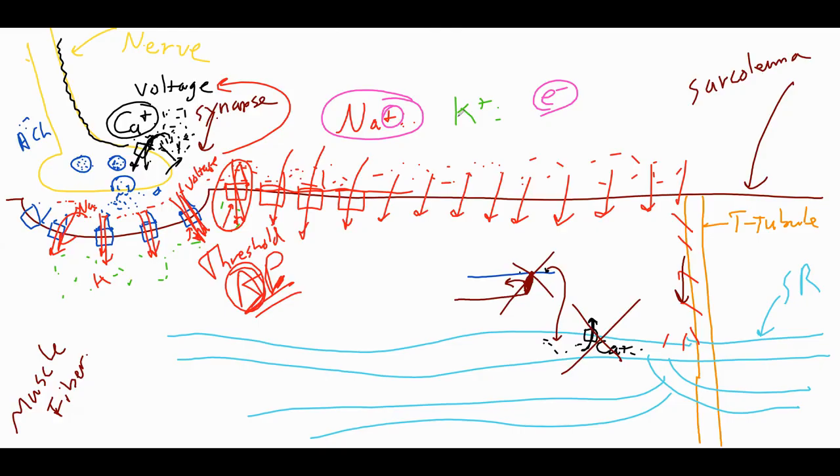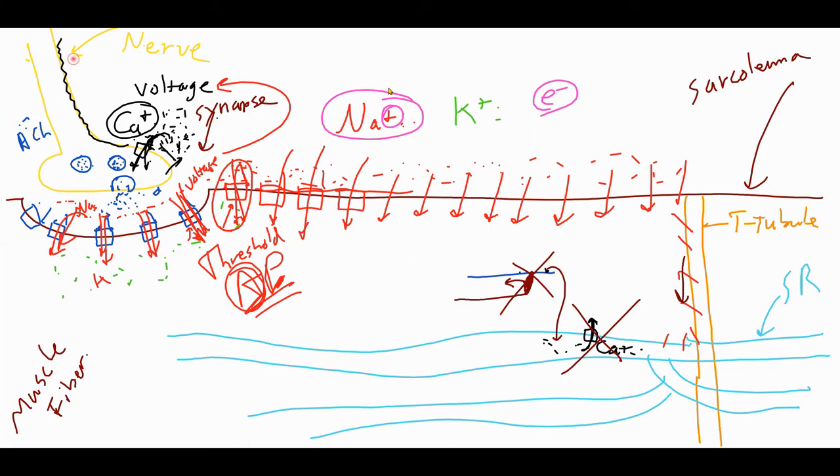Because the way these nerves work, guys, your nervous system up here with the nerve, your brain either sends a signal or it doesn't send a signal. There's no information in there other than the fact that it's on or off. It's kind of binary. So as long as we keep sending signals down this nerve, we keep releasing acetylcholine, we keep sodium rushing through the channels, we keep sending that signal down, and releasing that calcium, we're going to keep that muscle contracting.